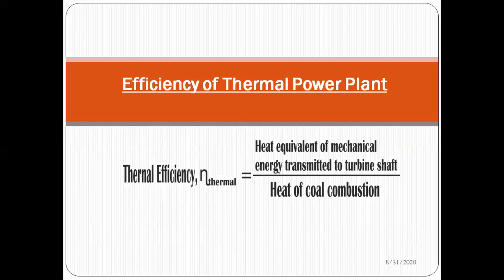That means here the heat energy is converted into mechanical energy. So the thermal efficiency is how much energy will be available at the steam turbine so that it can rotate, and how much coal is used in order to ignite this process. This is called the thermal efficiency.